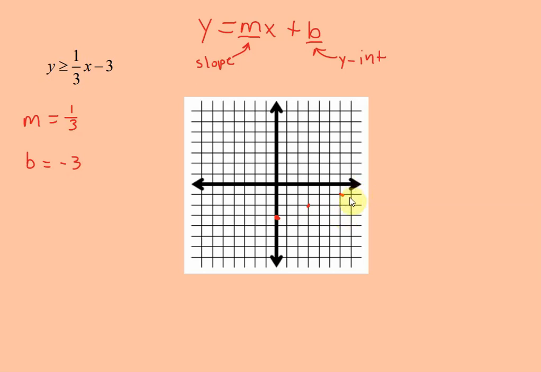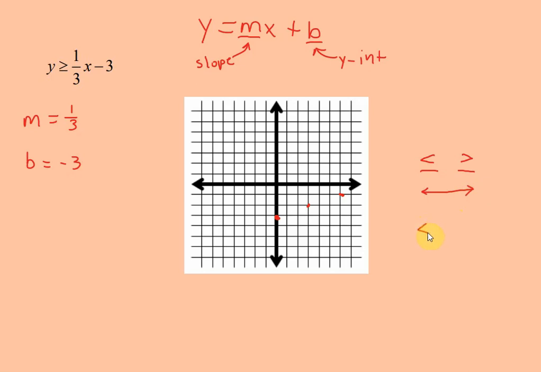When we're dealing with inequalities, an extra step that we have to take into consideration is what kind of line we're going to draw. So our lines sometimes will be solid and sometimes they'll be dashed. If we have less than or equal to or greater than or equal to, then our line is going to be a solid line.